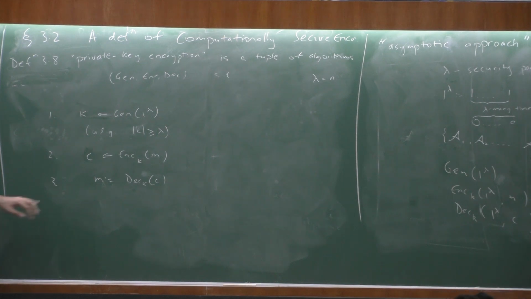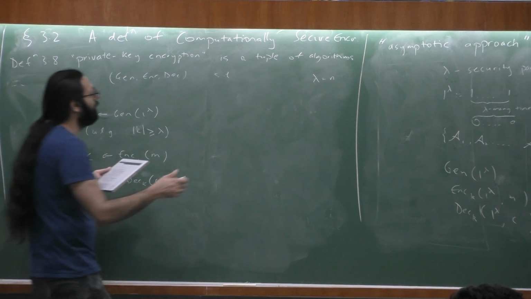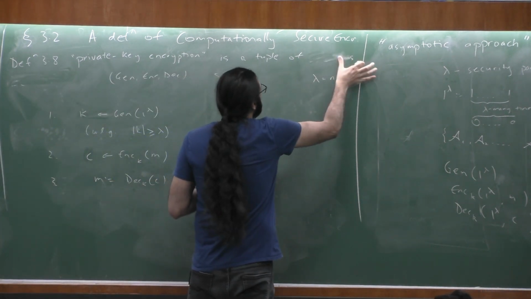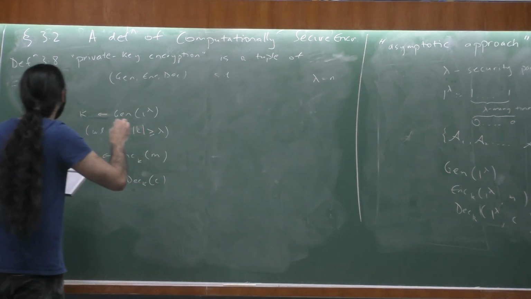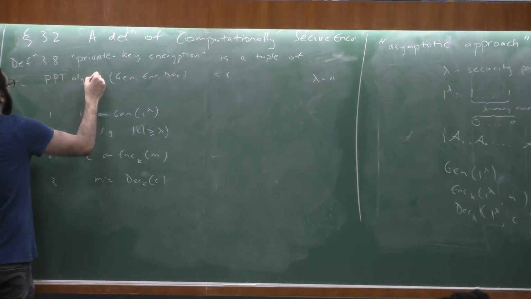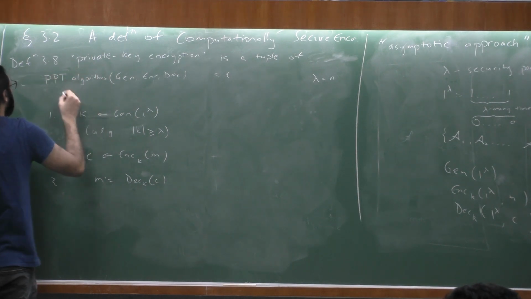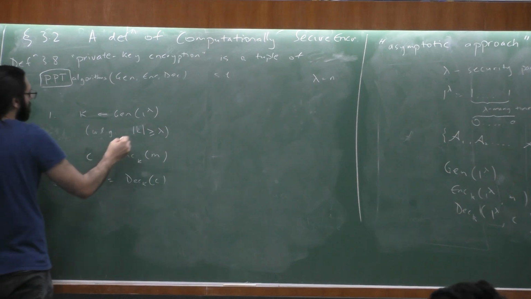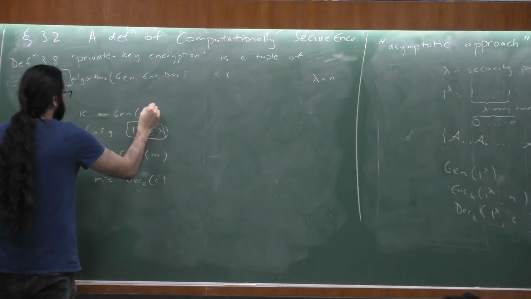So all algorithms are going to be intuitively polytime. I forgot to say a tuple of PPT algorithms. That's the key distinction. Everything else is essentially the same as before. So these are PPT algorithms. This is the new part, and this is the new part, and this is the new part.